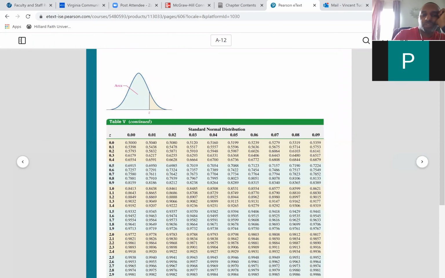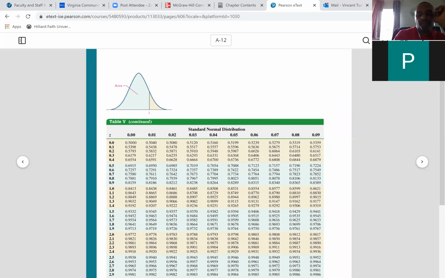So if you notice, you look at 1.2. And then if you were to scroll over to where 0.03 is, 0.8907. Yep. So that's how you would read the chart.